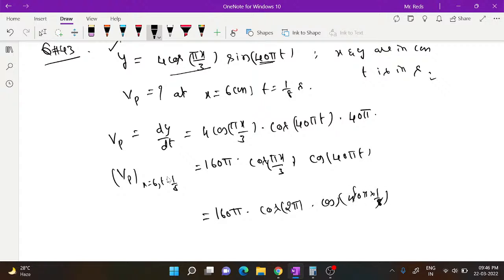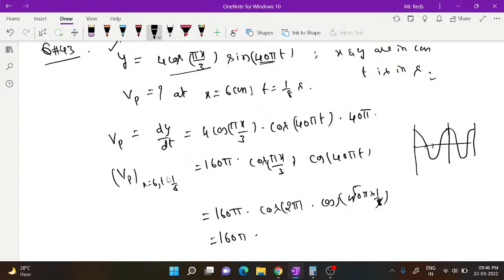If you observe the cos waveform, one wave, two waves like this, so it is equal to 160 pi into cos 2 pi. This is 0, 90, 180, 270, and this is 2 pi, 360.